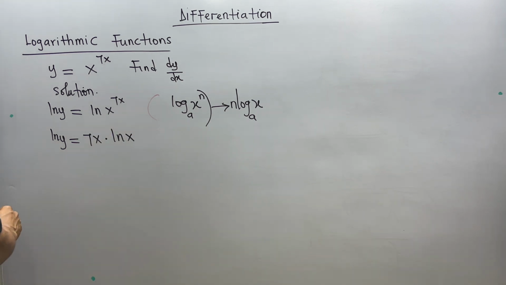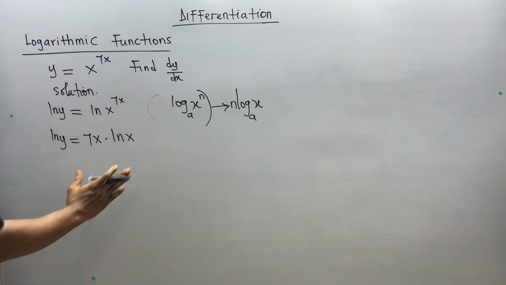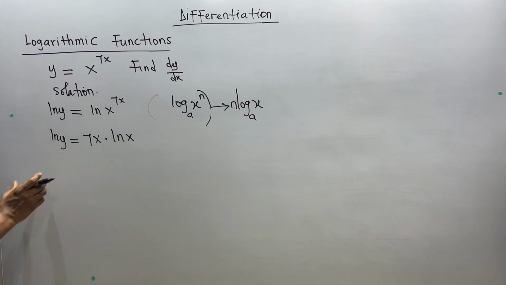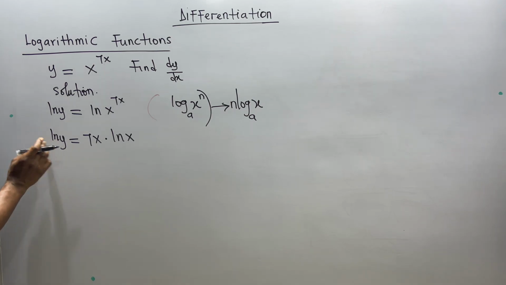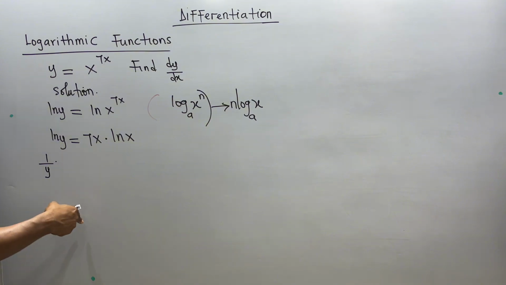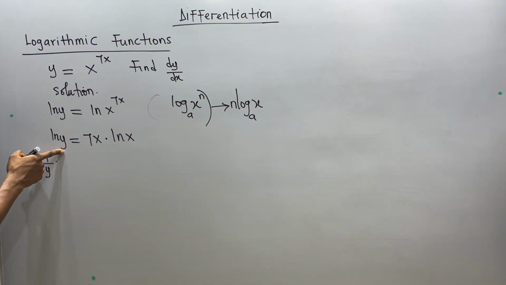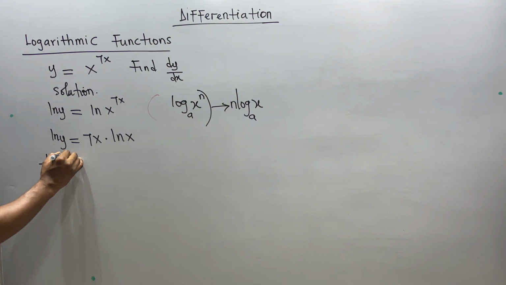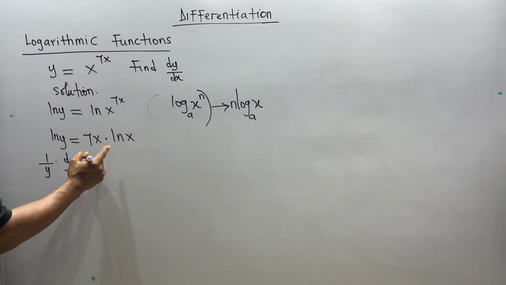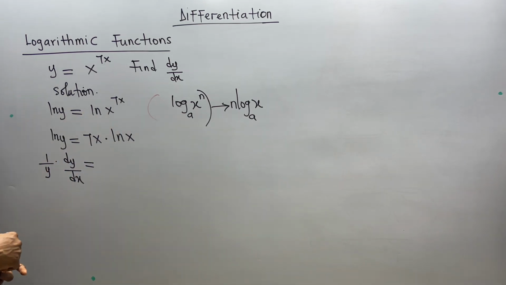Now at this point, we can differentiate through. If we differentiate ln y, what do we have? This is going to be an implicit differentiation because that will be 1 over y. Remember, it's 1 over the function, then derivative of a function. Then derivative of y implicitly would be dy over dx. Now, when you come down here, what you're going to apply is product rule.